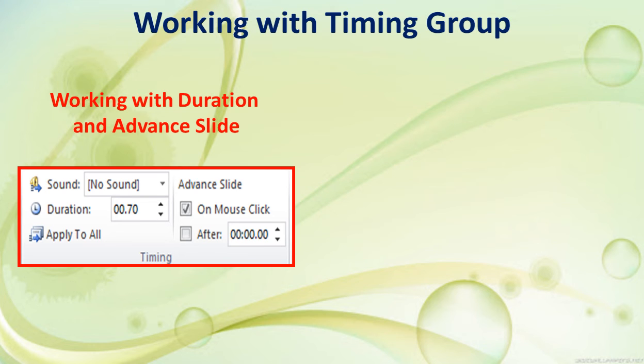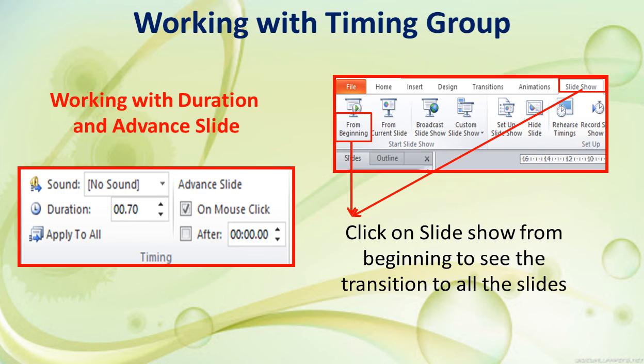You can also specify the slide advance timings in the spin box. Apart from this, you can click on the Apply to All button to apply the selected effects to all the slides, otherwise the effects you have applied will be applied only to the current slide. After doing all this, go to your Slide Show tab and click on the From Beginning button. The slides will be displayed from the beginning along with the applied transition effects.